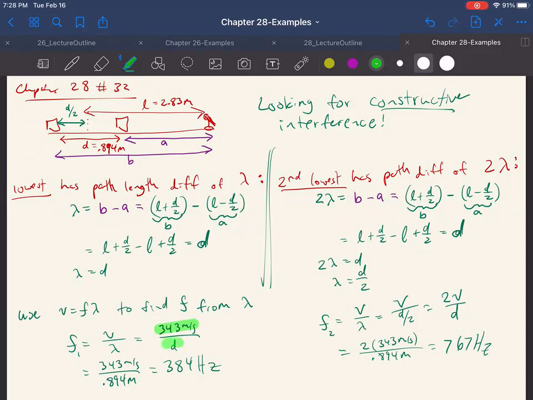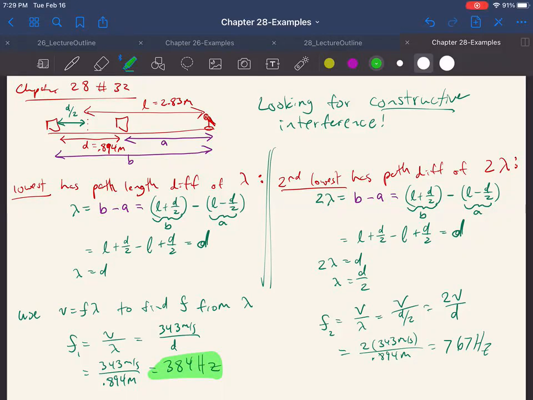And we just found that that longest distance that'll give us a path length difference of 1 lambda is simply the distance between the two speakers, or D. So you plug those numbers in, 343 divided by 0.894 meters, and you get 384 hertz. And so that's the answer right there for the lowest frequency that'll do it.